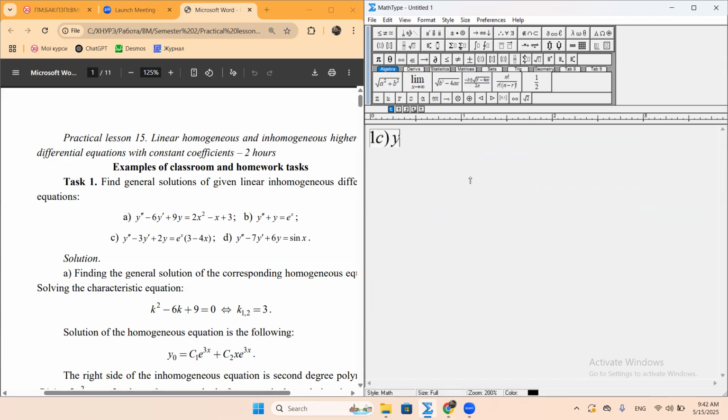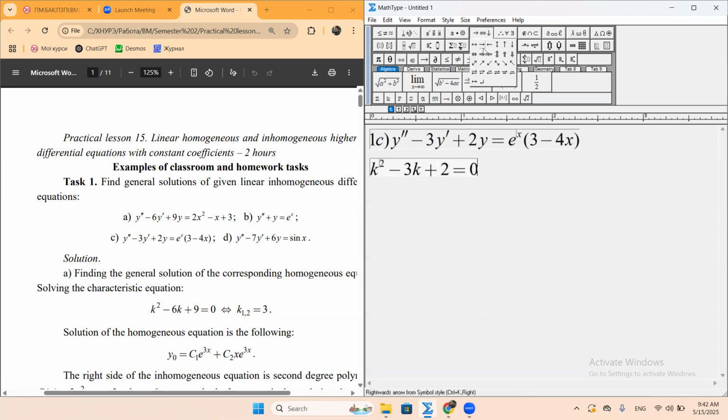So the next equation: y double prime minus 3y prime plus 2y equals e to the power of x multiplied by (3 minus 4x). Again, solving the homogeneous equation, writing down the characteristic equation: k squared minus 3k plus 2 equals 0.